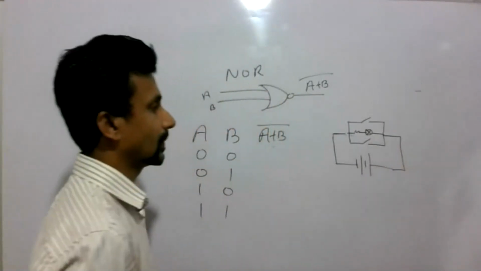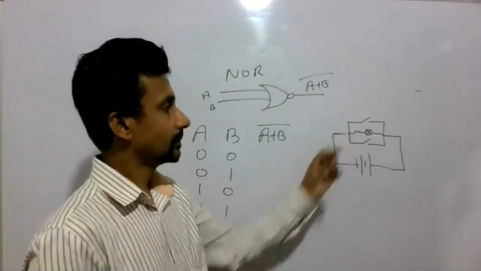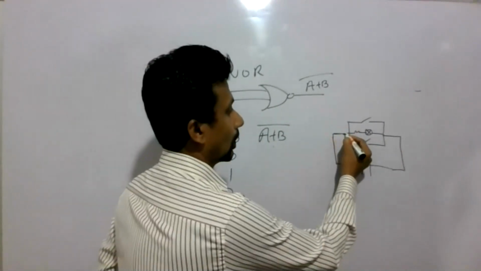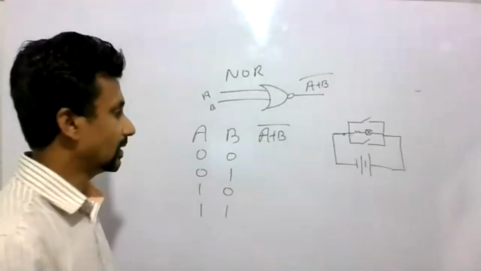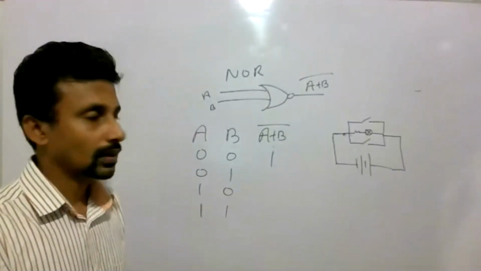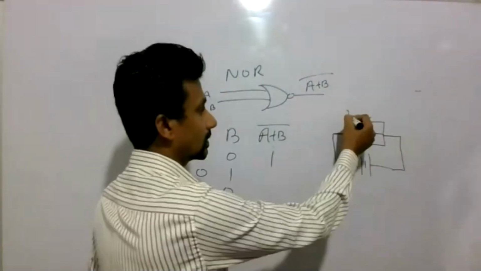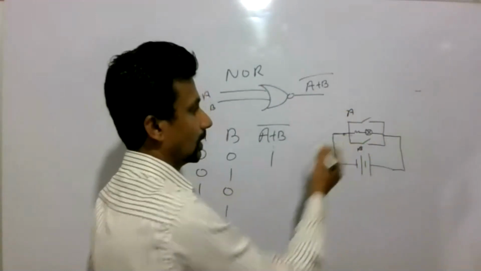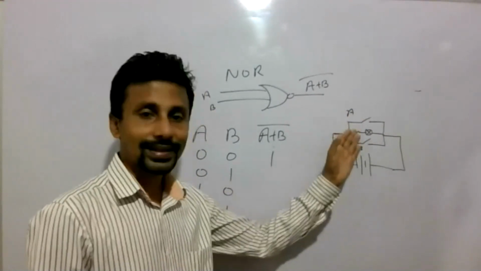Okay, right? So if both the switches are off, the bulb will be working, that's 0, 0, your output will be 1. But if you switch on one switch, A or B, the current goes through the path where you get the less obstacle.